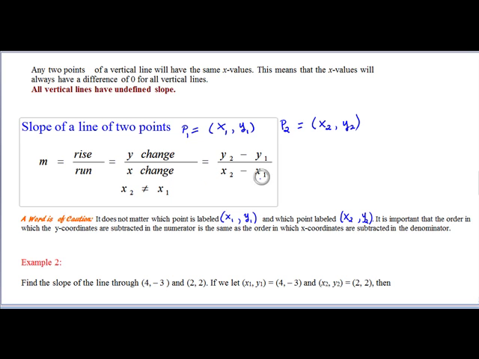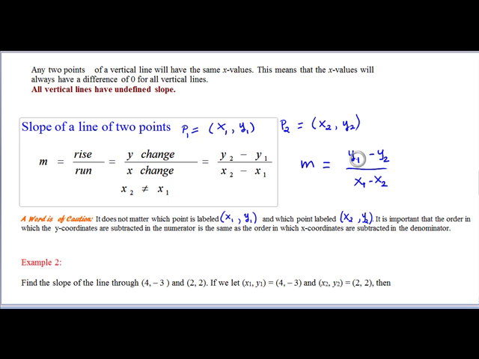So that's the formula for finding the slope of the line through two points. It does not really matter which point you label point 1 or point 2, because the formula is the same if I write the slope as y1 minus y2 over x1 minus x2. Whichever formula you use, the answer is the same.